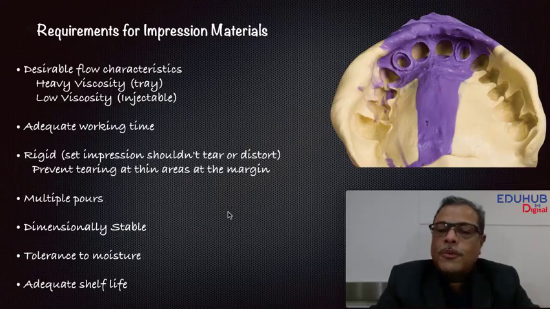We need to see that the impression material we use is very rigid, so that it prevents tearing at thin areas at the margins. We should be able to pour this impression multiple times if required. It should be dimensionally stable, and of course it should be tolerant to moisture because we are dealing with saliva, and we should have adequate shelf life. All of these things coupled together would make an ideal impression.